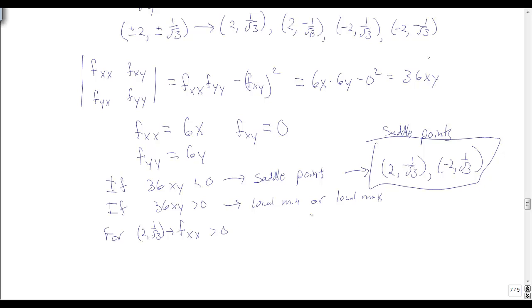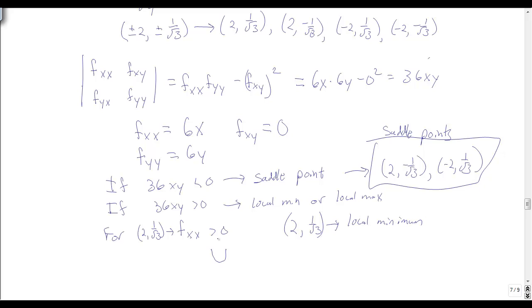That means it has to go from negative to positive, so it's going to look like this. That's a local min in the x direction. And because fyy will have the same sign, if this whole discriminant is positive, or you just plug it in, you will get that they're both local mins in that direction. So 2, 1 over square root of 3 is a local min.